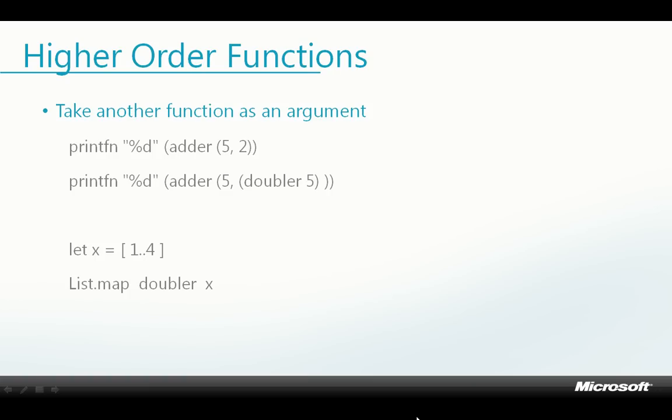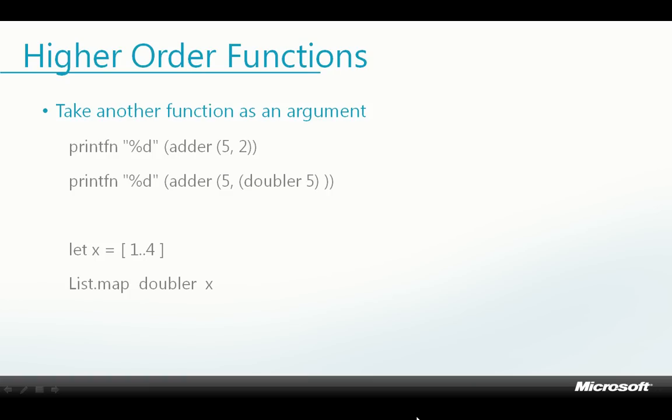Now the map function that we use with collections is another example of a higher order function. Its first argument is a function that's going to be applied to each element of the collection. So here I've got x equaling the integers from 1 to 4, and map is going to take doubler and map it to x, so it'll return 2 4 6 8.